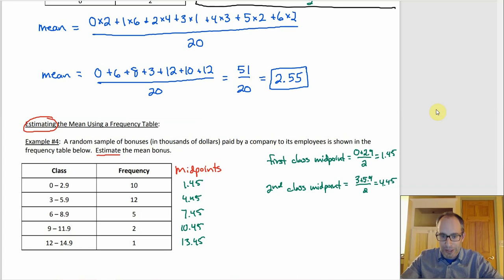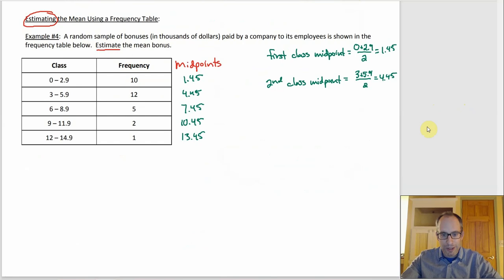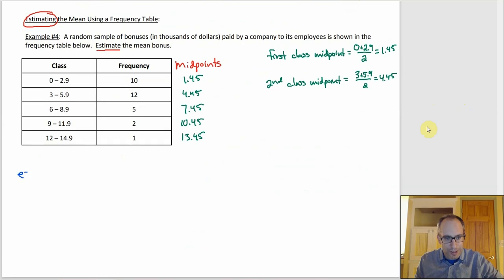And so that's why I got all these midpoints. And then what we end up doing is if we're going to estimate the mean, so I guess I'll say estimate of mean, that it's going to be the midpoint multiplied by the frequency now, and we're just going to have that over and over all added together.